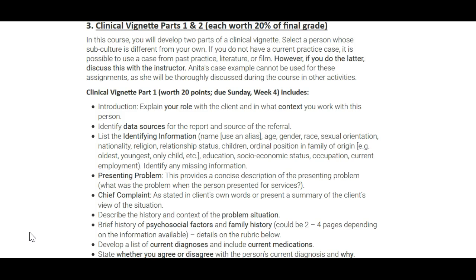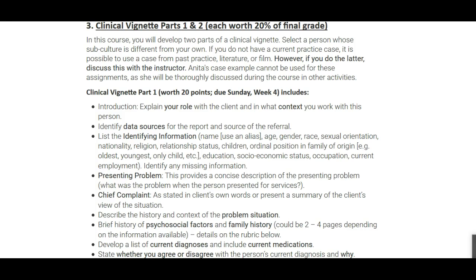I will say, if you have any questions about this part, reach out to me ASAP, because you do want to make sure that the person that you have in mind will work for this paper and part 2 of this paper, right? So you want to make sure that you can provide the information that's needed, and you can ad-lib some of the information as long as it makes sense and it's answering the questions, okay?